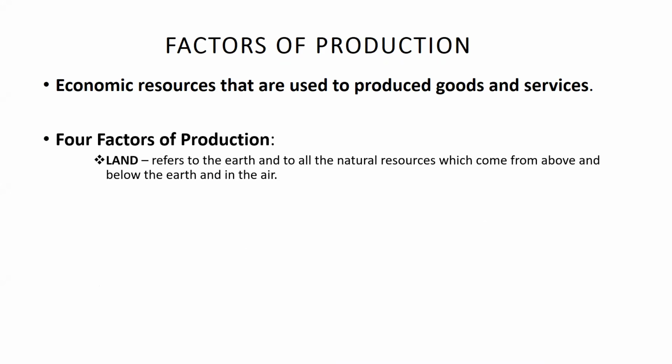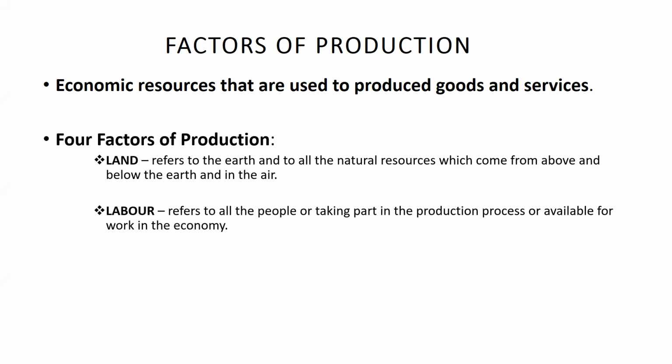Alright, so you know the factors of production now. Land, labor, capital, entrepreneurship. Land refers to all the natural resources that could be found on Earth. It could be anything above the Earth, below the Earth itself, and any water.